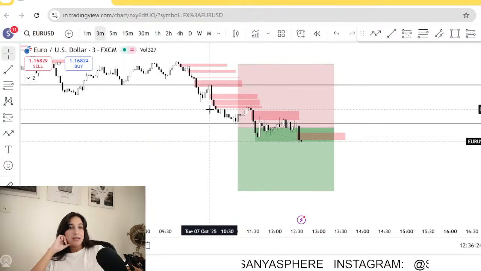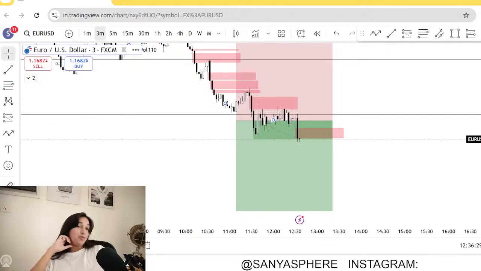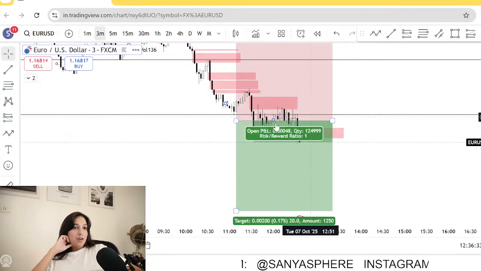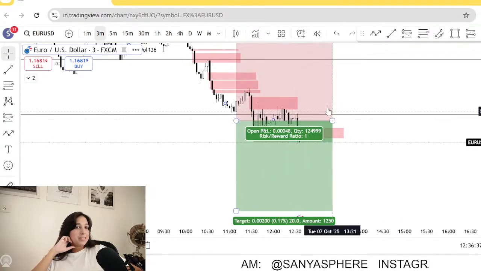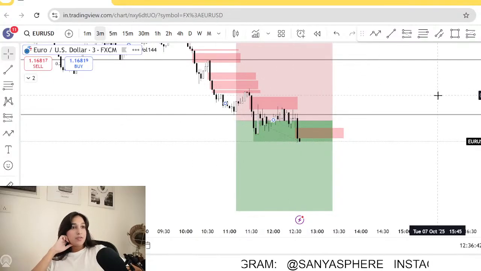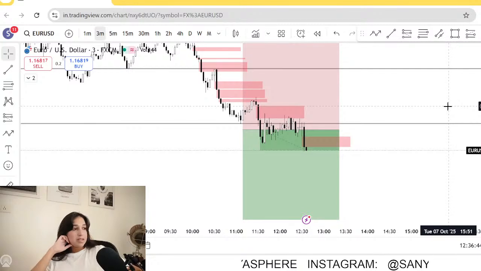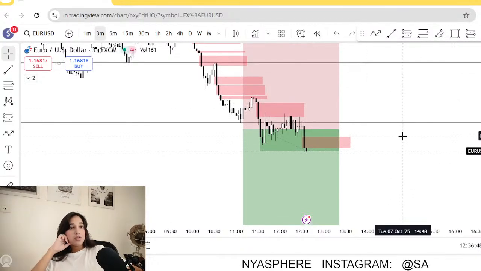For me, I like things very objective. For example, if you take the example of fair value gap, the fair value gap is the same for everyone. If you can see this, there's a gap right over here. I can see that there's a gap over here. But the concept of support and resistance is very subjective in nature.